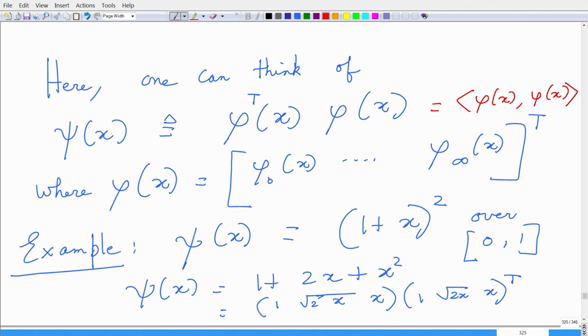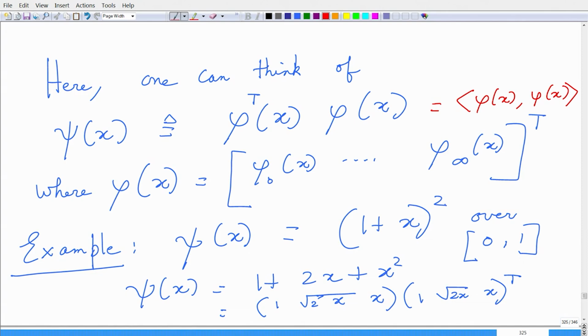I mean, the scalar function psi of x can be thought of as the induced self norm of a vector phi of x, where phi of x is given by phi naught of x so on till phi infinity of x. It can be an infinite dimensional vector.